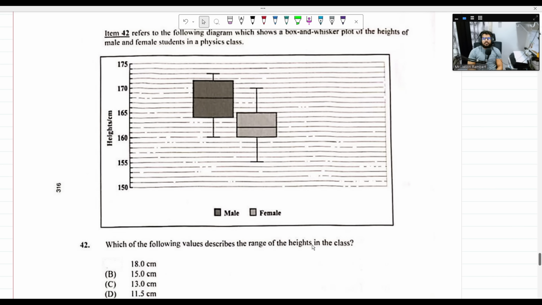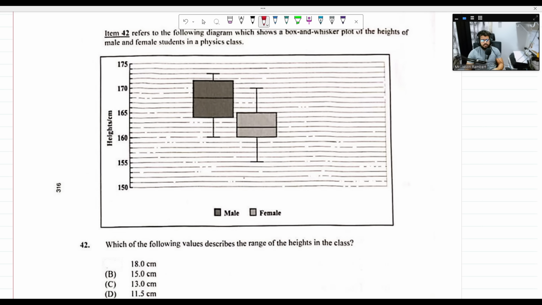Item 42 refers to the diagram which shows a box and whisker plot of heights of male and female students in a physics class. Okay, so this is a vertical box and whisker. Which of the following values describes the range of the heights in the class? They didn't say the range of heights for the male and the female, so it's in the whole class. So we're combining both box and whiskers.